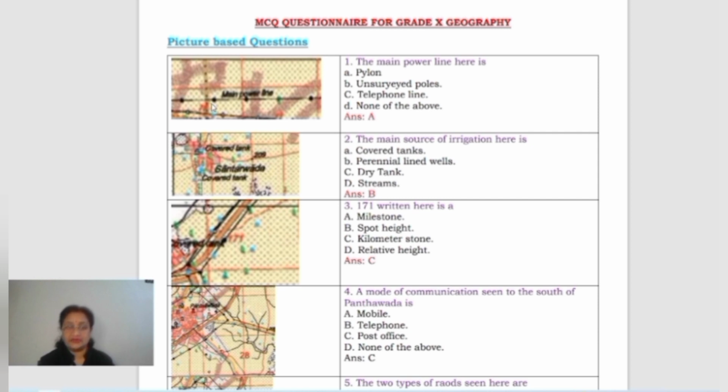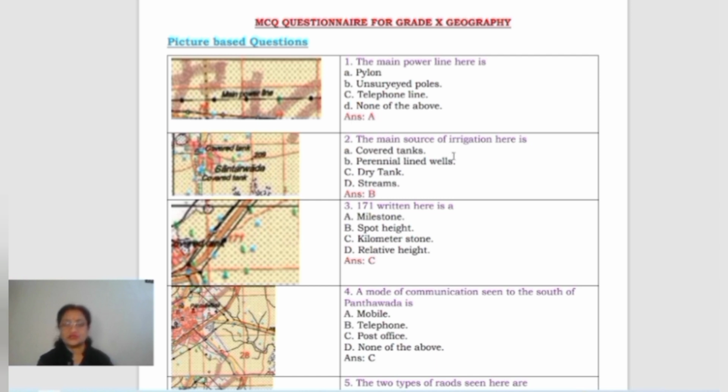This is pylon. We have discussed it very clearly that this is pylon, which is standing at several intervals in the form of a big tower. So A is the correct answer.